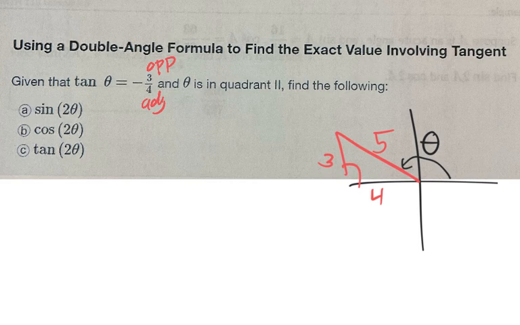So if theta was 91, right here, and I doubled it, I would be at 182, which would put me in quadrant 3. Or what if theta was 150? Doubled, that's 300, which would put me in quadrant 4.